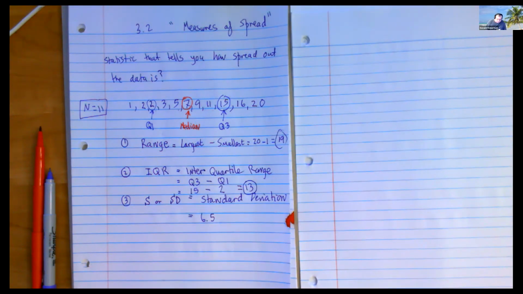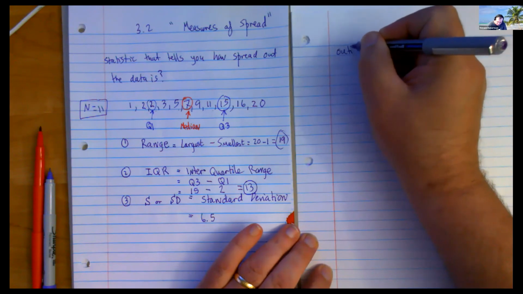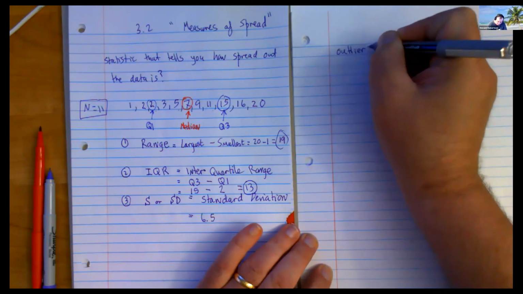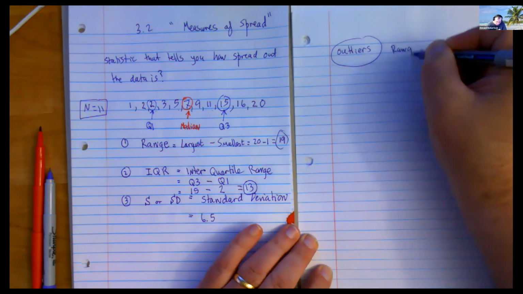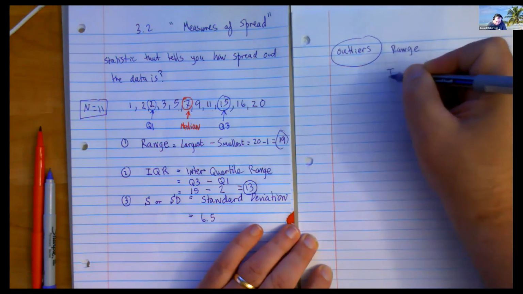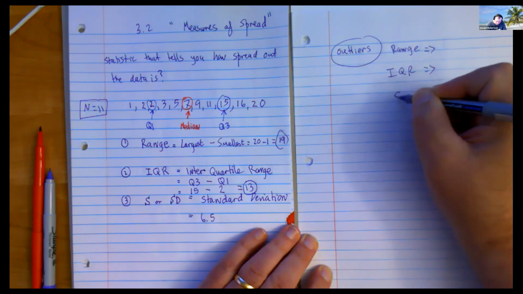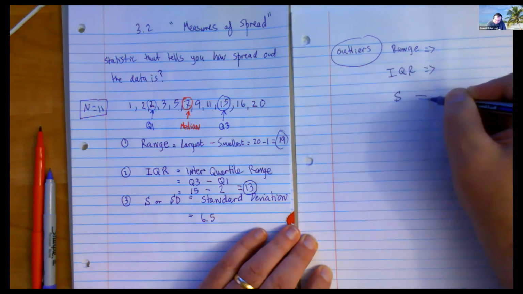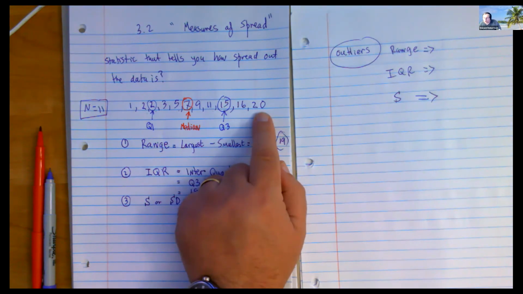Let's look at what outliers do. We've kind of touched on it. Right, so we have range, we have IQR, interquartile range, and we have standard deviation. See if this last number was 200, not 20, but was an outlier.